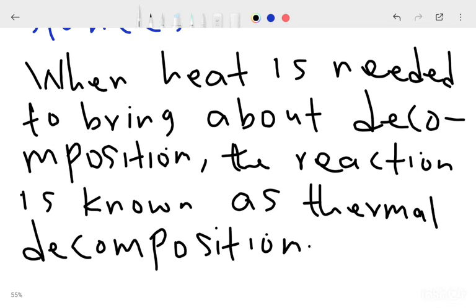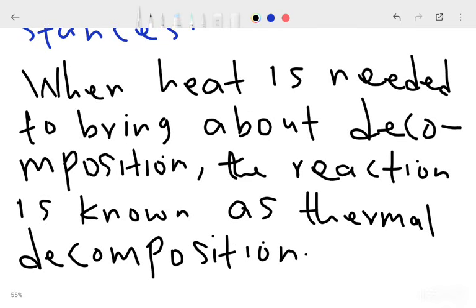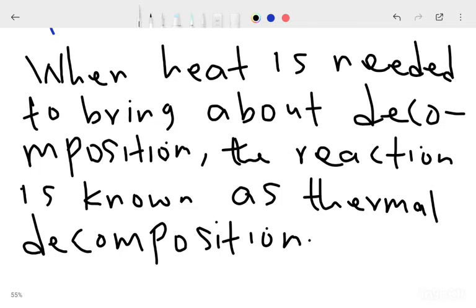What did I say about decomposition? I said decomposition is when a single compound is splitting, dividing itself to form or produce more simpler compounds, smaller compounds, isn't it? But at the same time, when heat is needed to bring about decomposition, the reaction is known as what? Thermal decomposition. Thermal means something that is referring to heat.